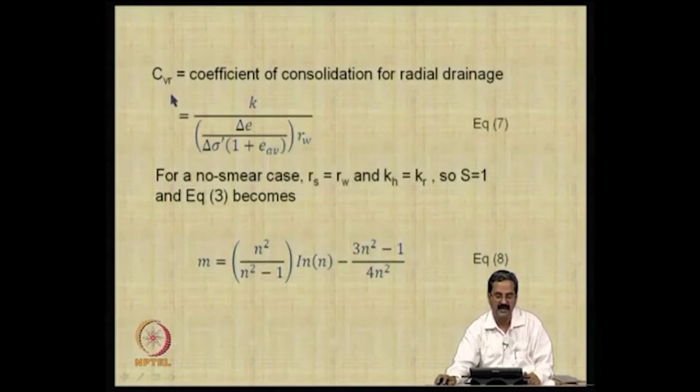There is a coefficient of consolidation for radial drainage, and you calculate changes in void ratio and all these factors, and once you know this radial consolidation coefficient, then our problem is solved. For the no smear case, R_S equals R_W, K_H equals K_S and S equals 1, so the earlier equation becomes somewhat simpler, and this is for radial consolidation.